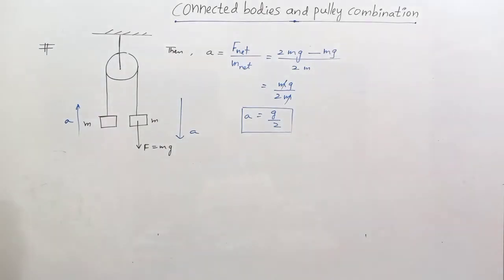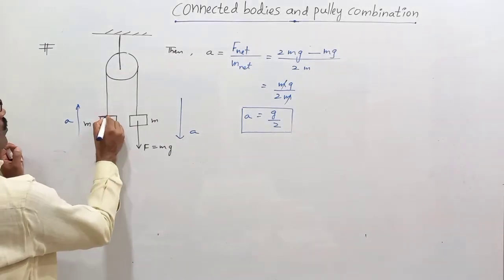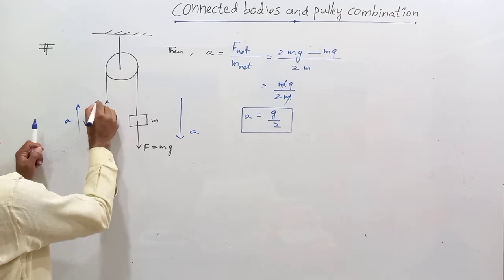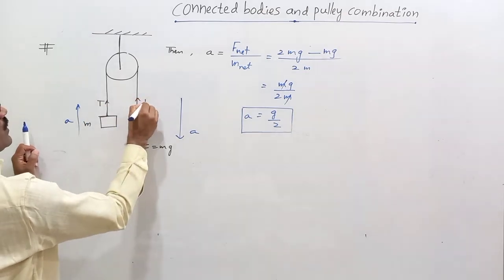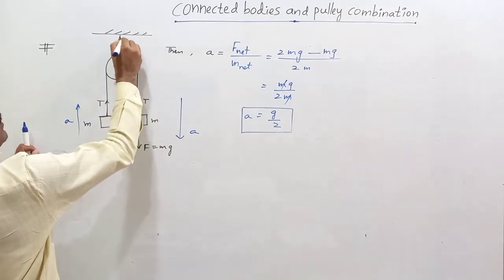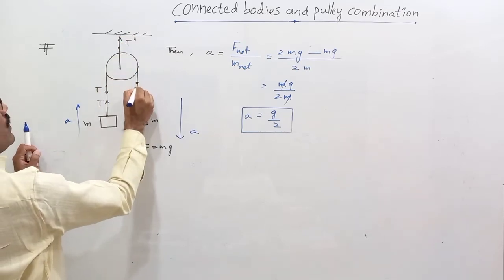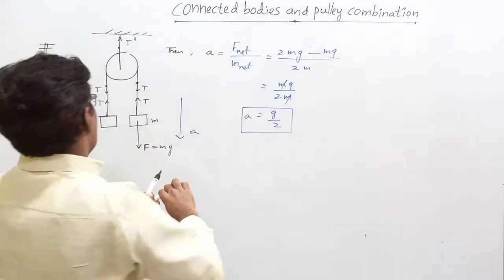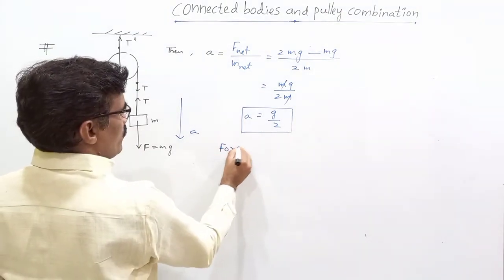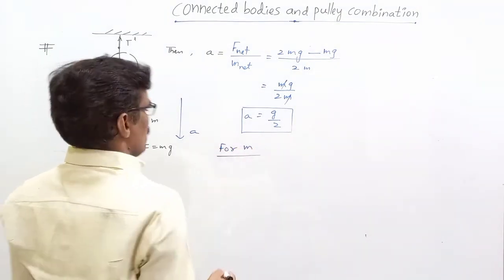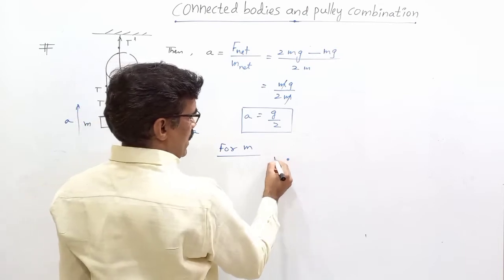Then what is the tension in the string which is connected to the blocks? Here tension T, here also T. On the pulley it is T dash, and on the pulley here down T. Here T. Free body diagram for M: how many forces are on M?